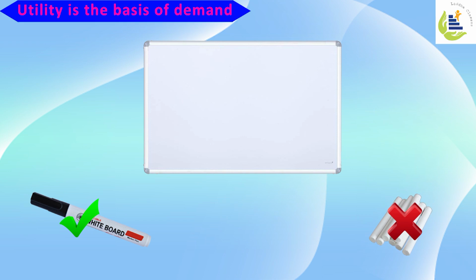And for a marker, since I use a whiteboard, I have a demand because I see a utility in it. Hence, if a commodity has a utility, it will create a demand. And hence, utility creates demand.